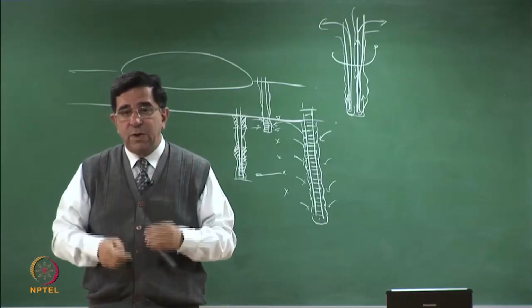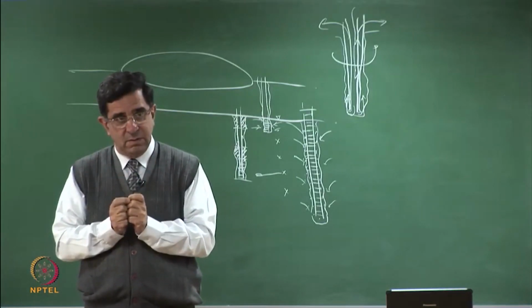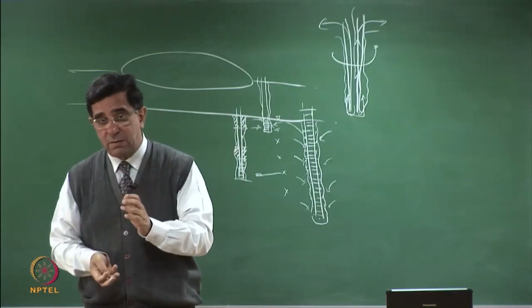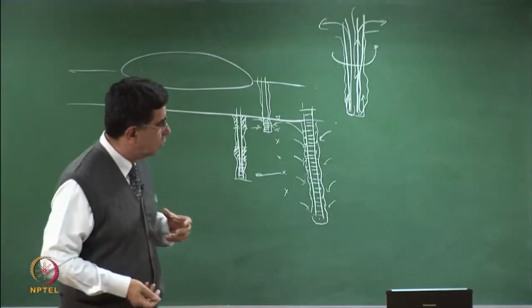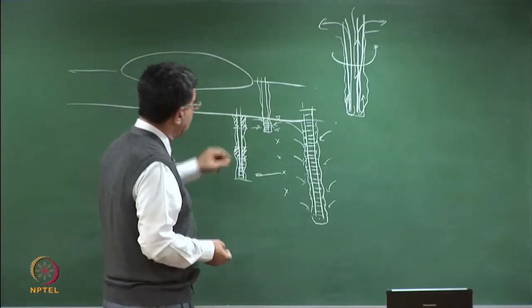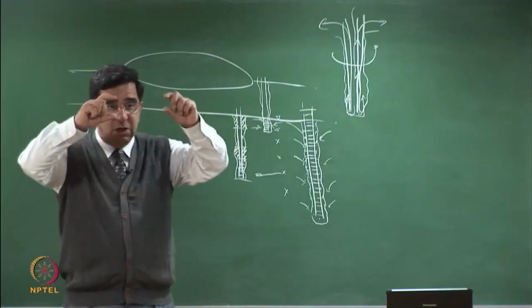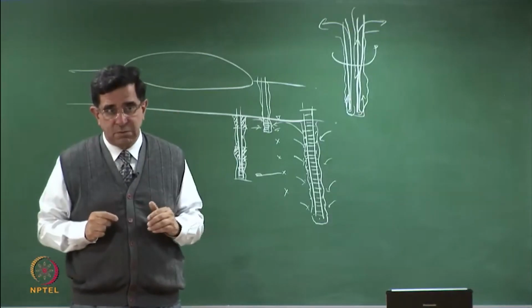Therefore, if you want to monitor at different depths, you have to have either a well cluster or a multi-port device. A multi-port device, I will show you next. What will the multi-port device do? In a multi-port device, you will have openings at specific depths, and you will seal off the portions between those depths.